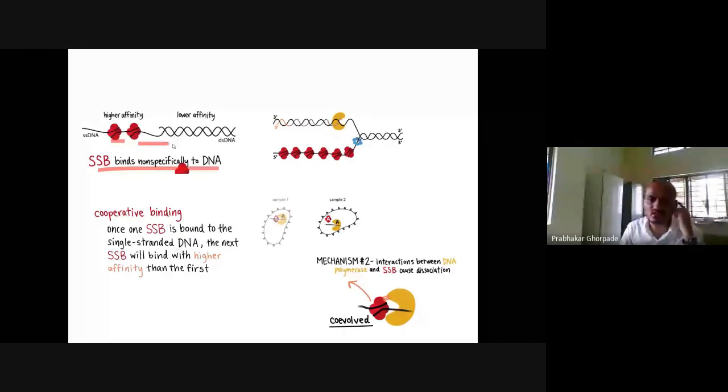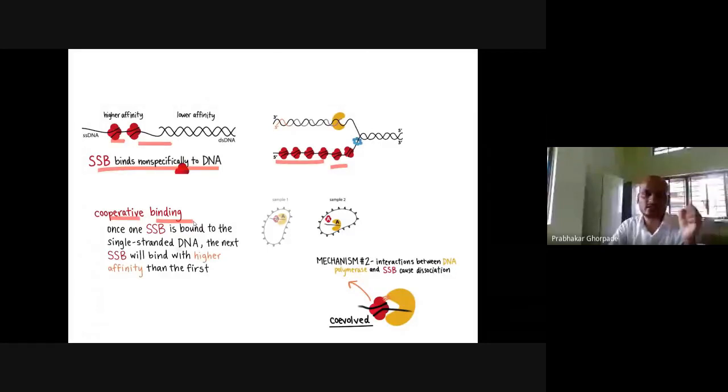So basically, that is cooperative binding. Cooperative binding means once one has bound, another will bind more easily. It is like your study. Once you have known one subject, you can understand another subject better. That is cooperative learning, right? You learn something, and now you are learning more things based on that.